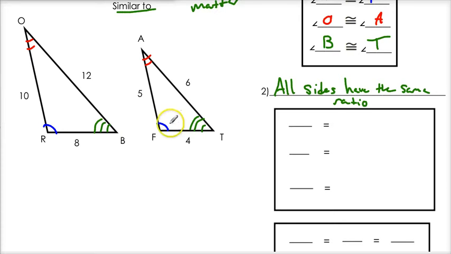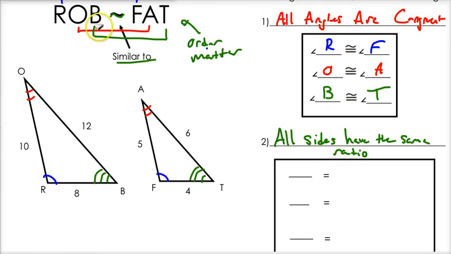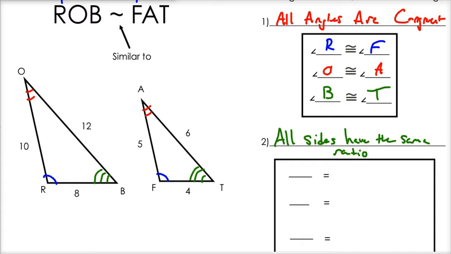Let me go back to my statement right here, and just do a little erasing. So just like in congruent triangles, I know that RO is going to be proportional to FA. Those are the corresponding sides. The size of RO is 10, and the size of FA is 5.